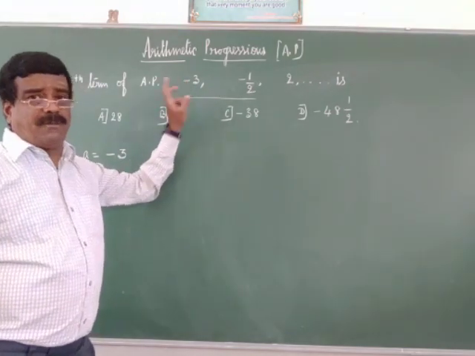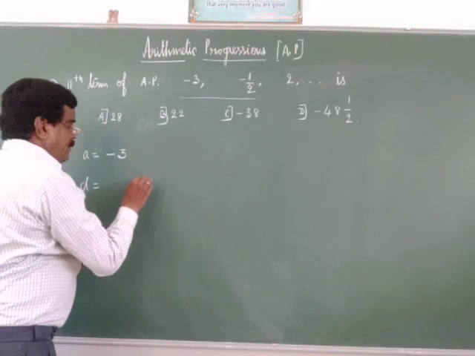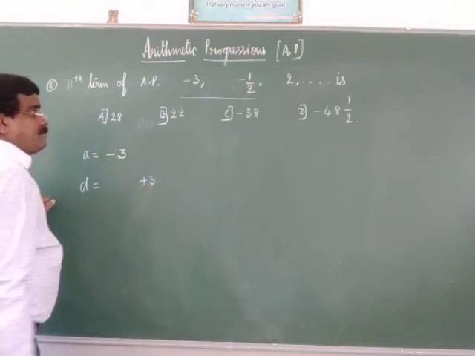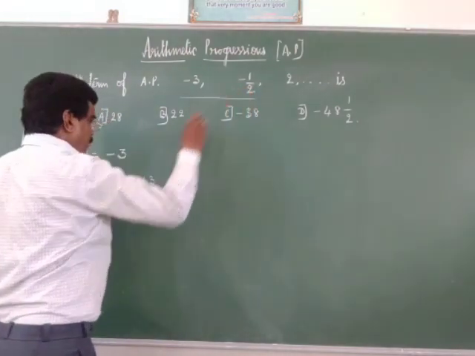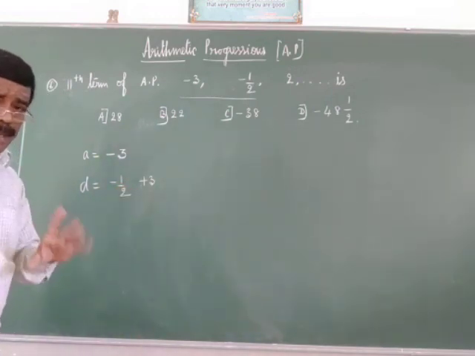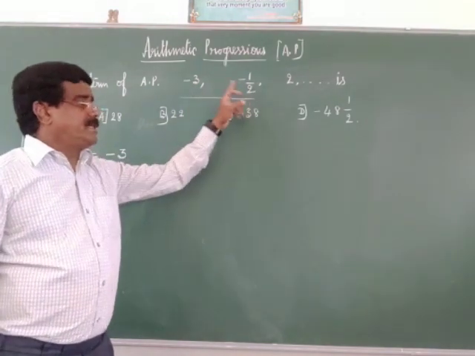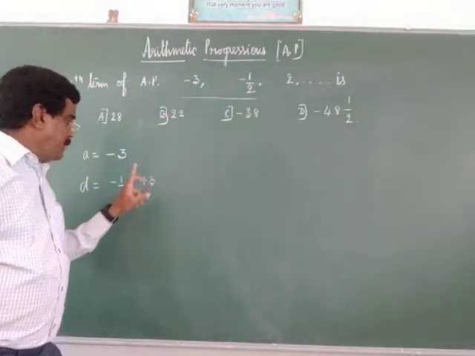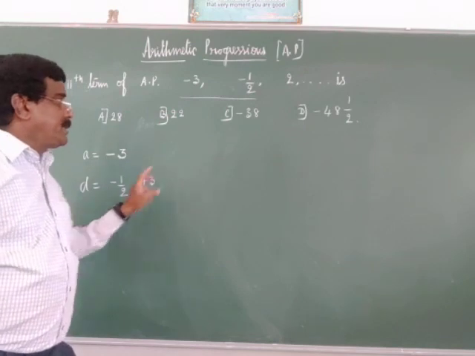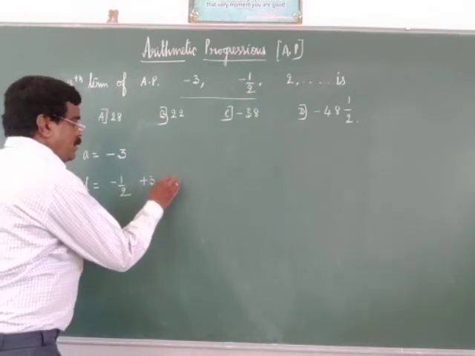Change the sign of the first. The sign of the first means here minus 3 is there, make it as plus 3, and write this minus half as it is. I repeat: if you take these first and second terms, the first term's sign changes, minus 3 becomes plus 3, and minus 1 by 2 is kept as it is.